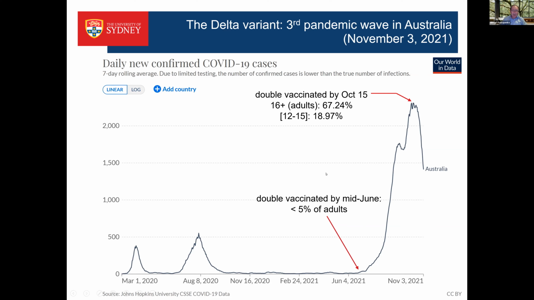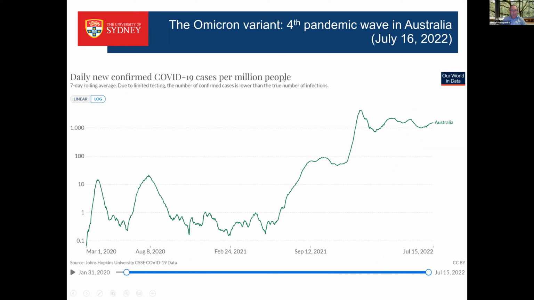So one methodological comment I make immediately here is that when you look at this behavior expressed in just incidence, in terms of case numbers, you essentially may lose the context. Is 2,000 cases a day a lot? You should actually be comparing it in terms of cases per million.